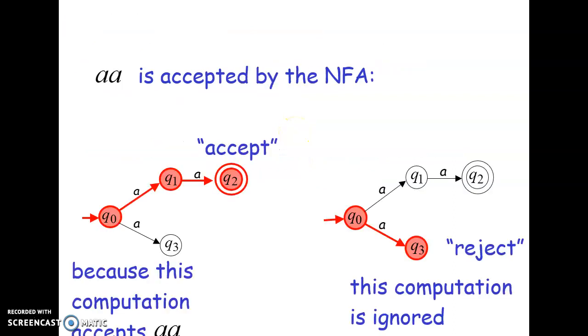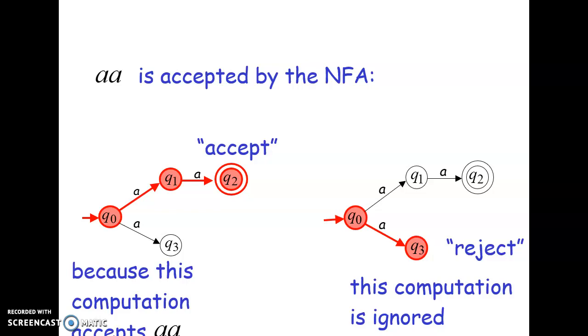So let's say we go forward. So this string, summarizing it, AA is accepted by the NFA using this computation, although there is another computation which is this, but this one's ignored, and this computation accepts it. So this is about NFA. So you don't have to concern yourself with making the machine deterministic.